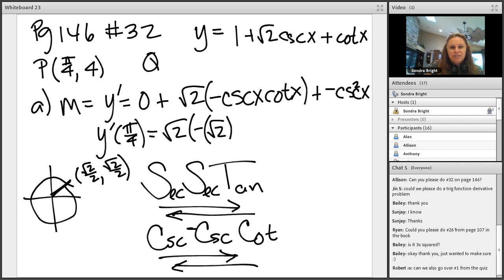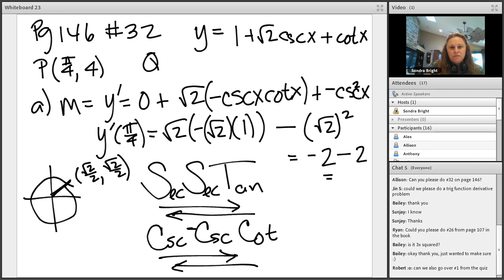Times cotangent, which is x over y, which would be a 1. Then we got minus cosecant squared, and cosecant is the reciprocal of sine, so rad 2 quantity squared. And so this ends up giving you negative 2 minus 2, so it should be a negative 4.